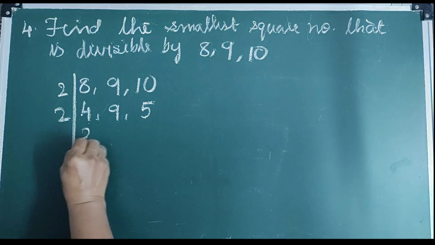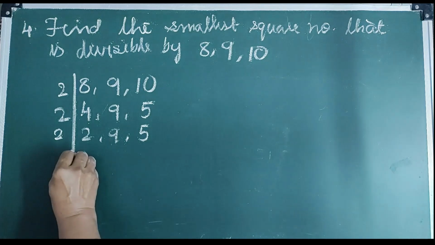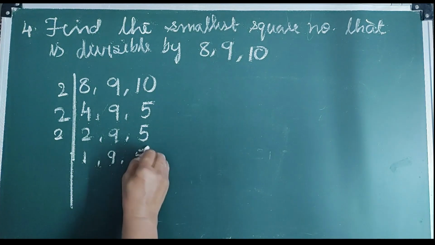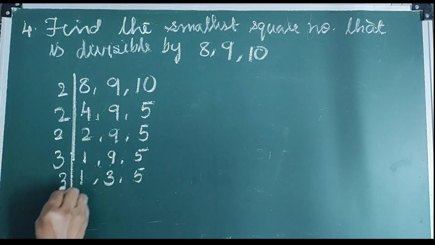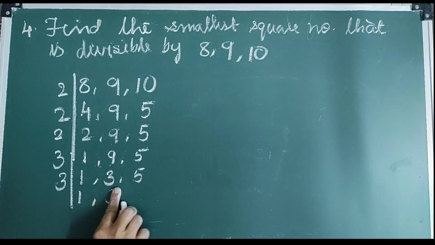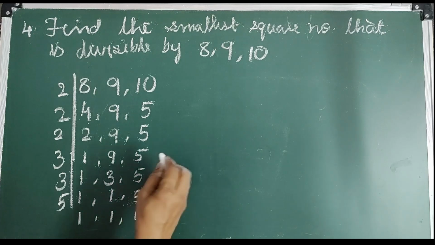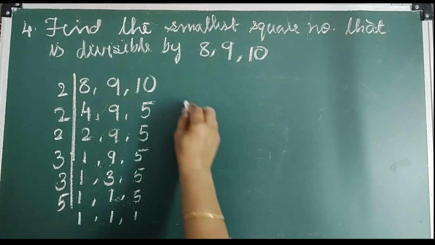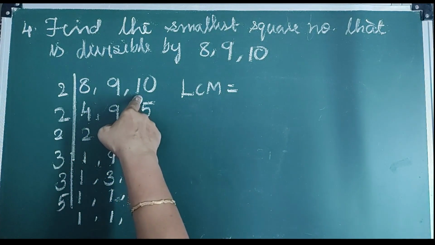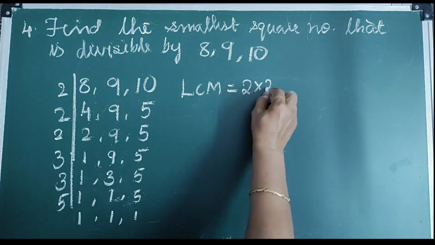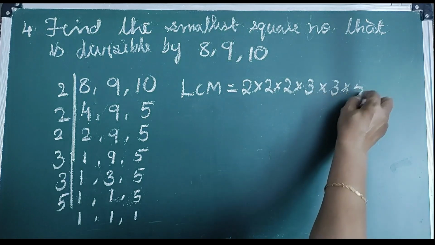So the LCM of 8, 9, 10 is 2 into 2 into 2 into 3 into 3 into 5.